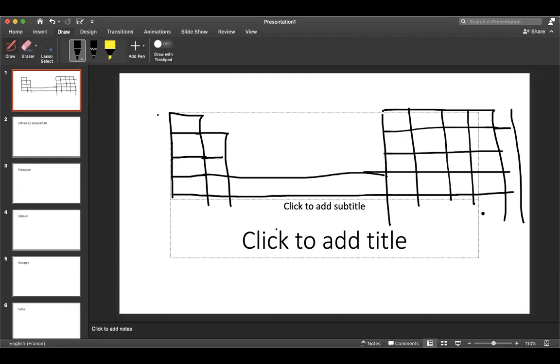So there's hydrogen there. Then what follows hydrogen? There's helium there.